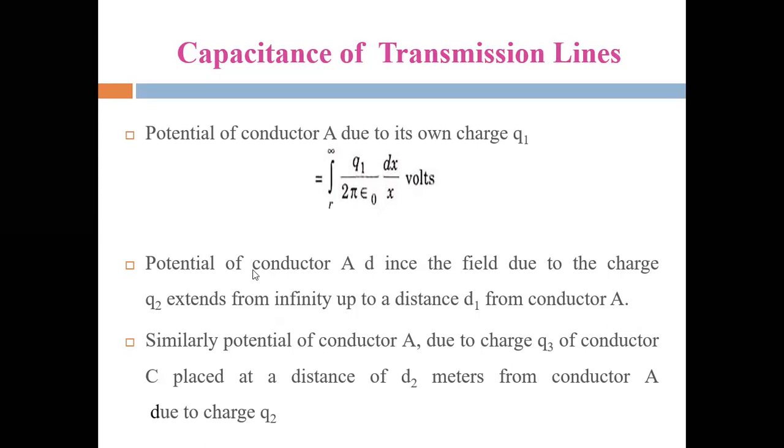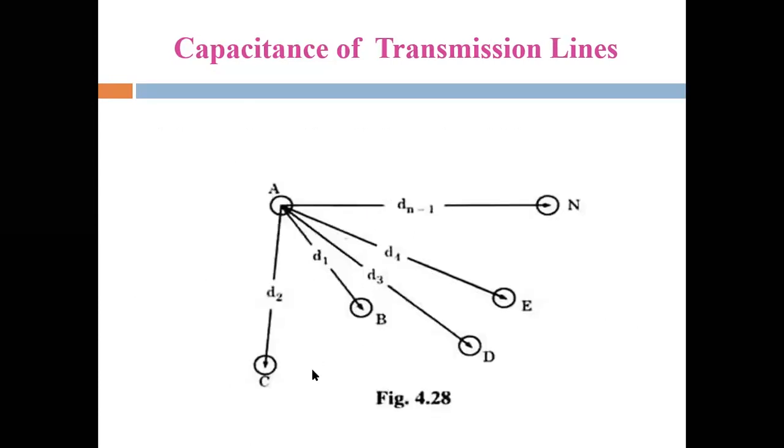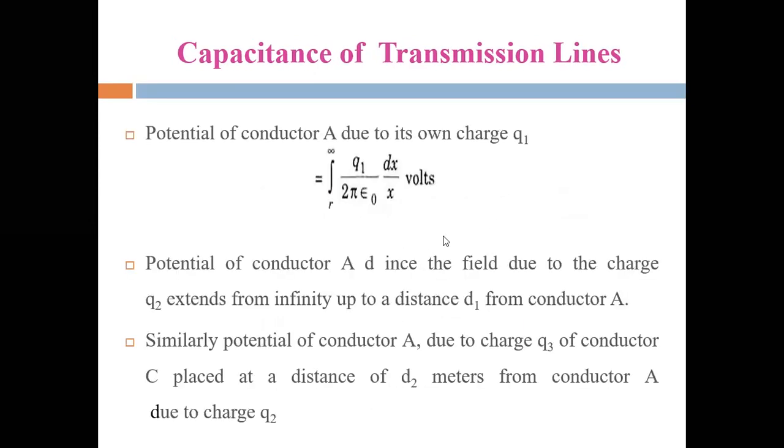Okay, therefore the potential of a conductor A line, the field due to the charge Q2 extends from infinity to a distance of D1 from the conductor A. Due to the conductors B, C, D, E up to N conductors, there are some potential differences between this conductor and the up to N conductors.